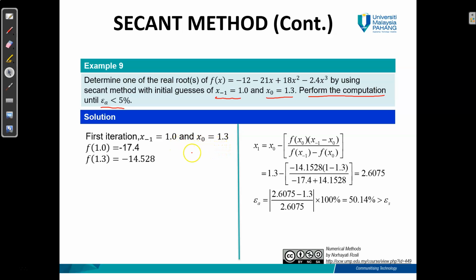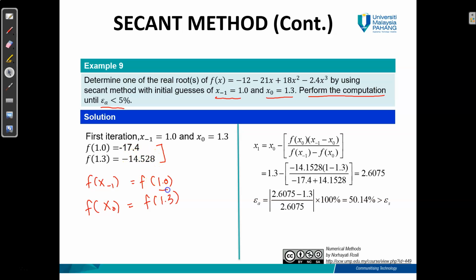So class, your first step here is to compute f of x minus 1, that is f of 1.0. And then you need to compute f of x naught, which is f of 1.3. That is, we did it here. And how do we compute this? Same.